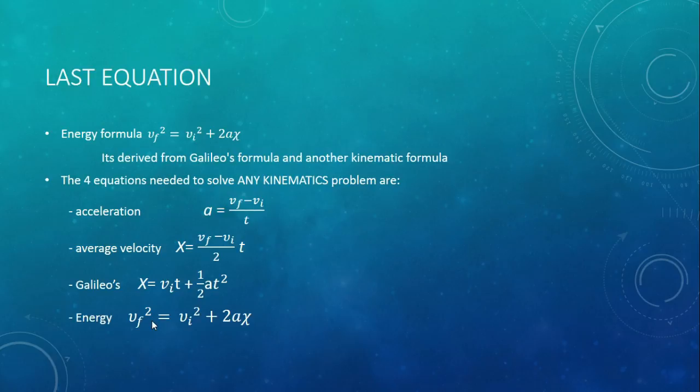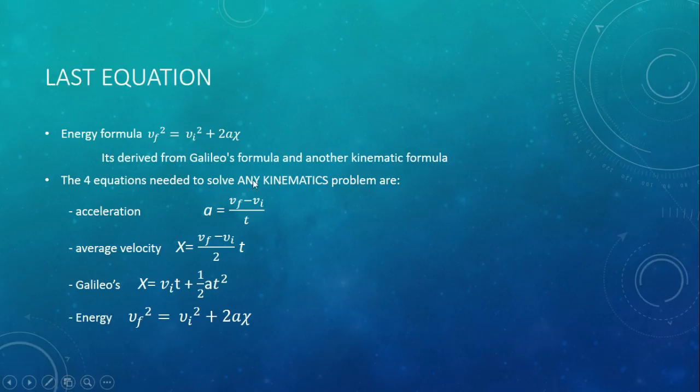So the last equation we learned about was the energy formula. The energy formula is derived from Galileo's formula and another kinematics formula, whichever one you want to use. And we basically just cancel out time and solve for v sub f squared.